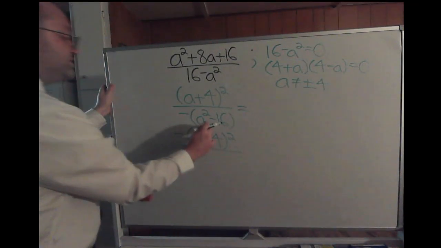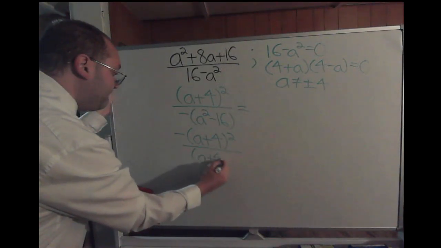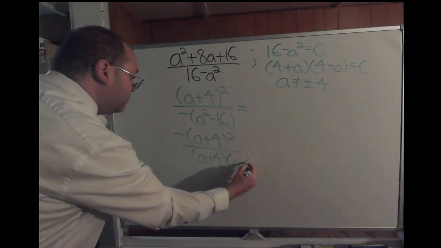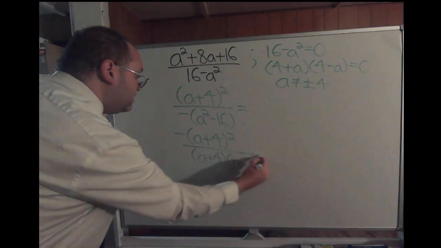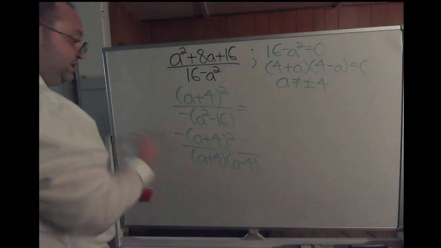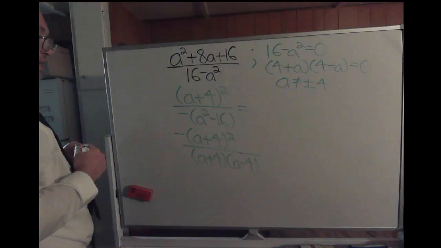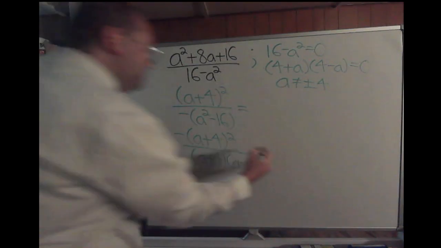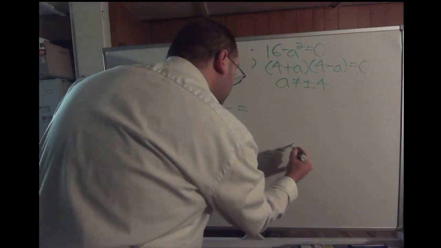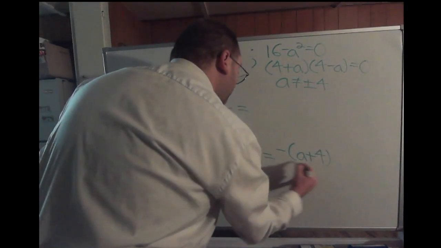Alright, now a squared minus 16 factors into a plus 4 times the quantity of a minus 4. Well, plain to see there's a common a plus 4 that factors out. If we do that, you have a negative times the quantity of a plus 4 in the numerator.